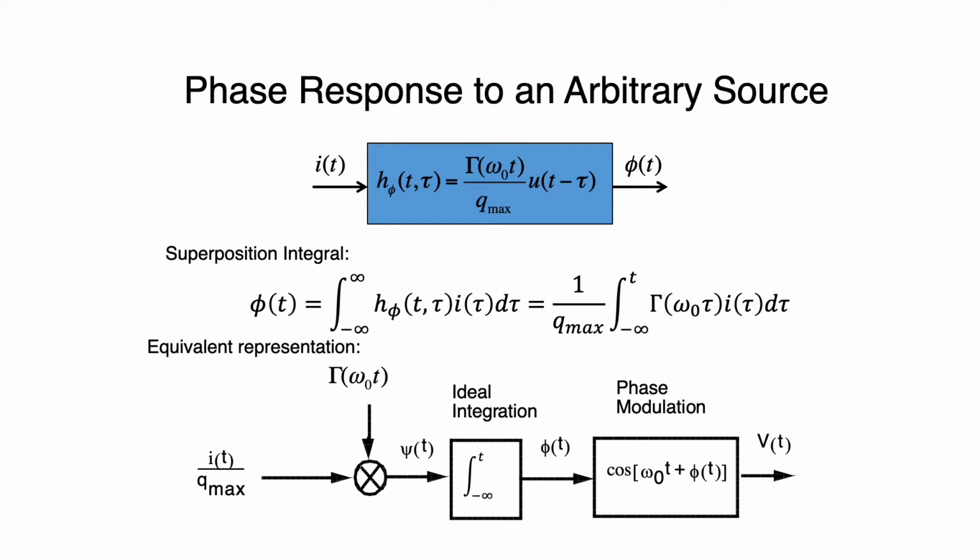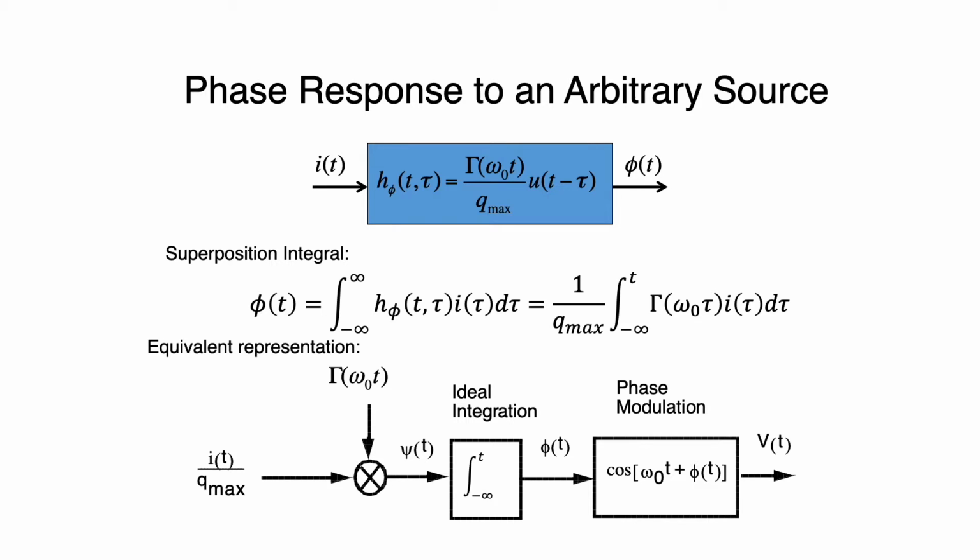If you apply the superposition integral to this impulse response for an arbitrary perturbation I of t, instead of an impulse, then the output phase is given by this integral, which we can call the master equation: 1 over Q max, normalization to the maximum charge swing. You may or may not want to keep that. Sometimes we absorb it into the gamma to make it simpler. Gamma of omega naught t I of tau d tau. So we are integrating over that.